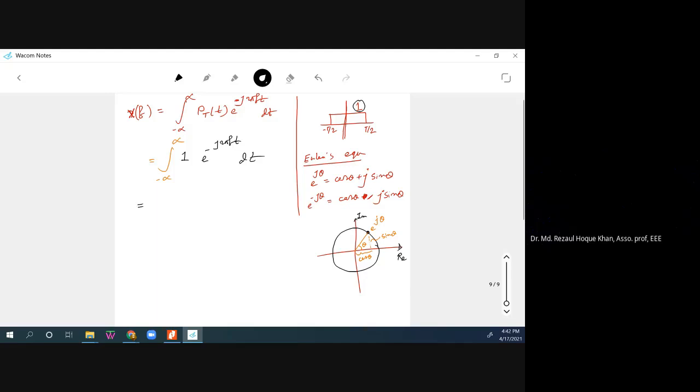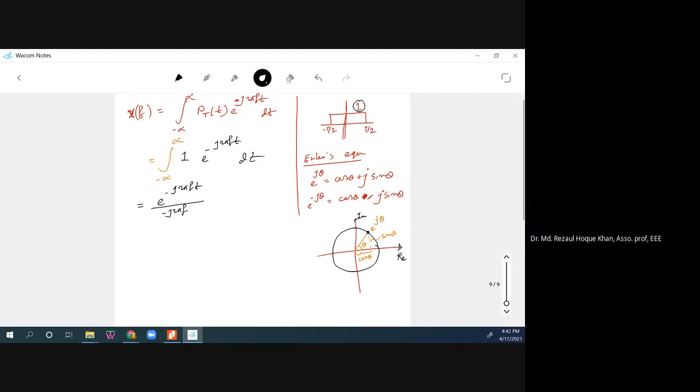It is e to the power minus x. Remember the differential formula: the derivative of e to the x is e to the power x, but this is minus, so we have to account for the minus j 2 pi f.